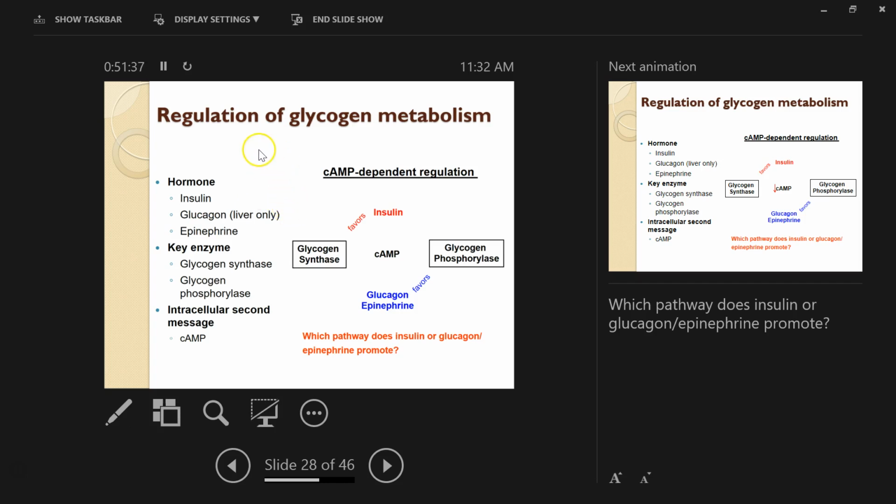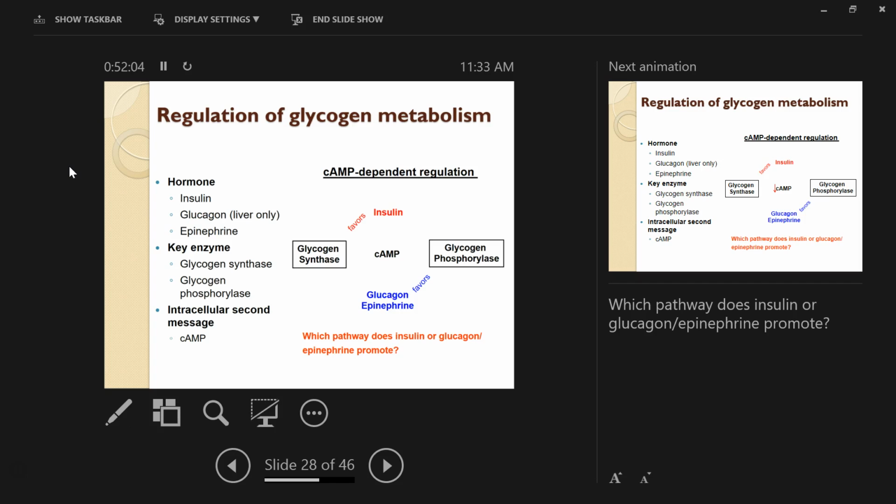So, let's see. Three hormones regulate the glycogen activities, breakdown or synthesis: insulin, glucagon, and epinephrine.